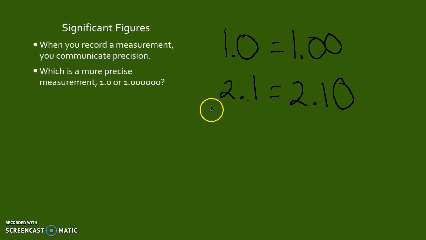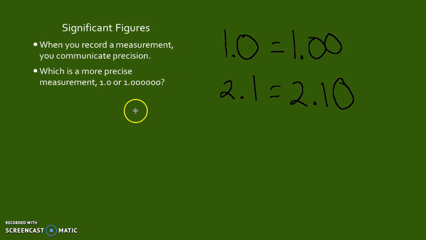But when you're doing science and you're writing numbers down, the way that you write the number, this versus this, is actually communicating information. It communicates the precision to which you are able to measure something.